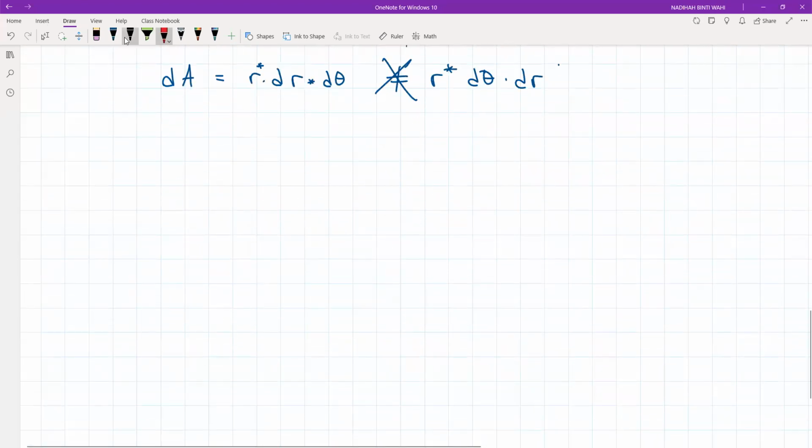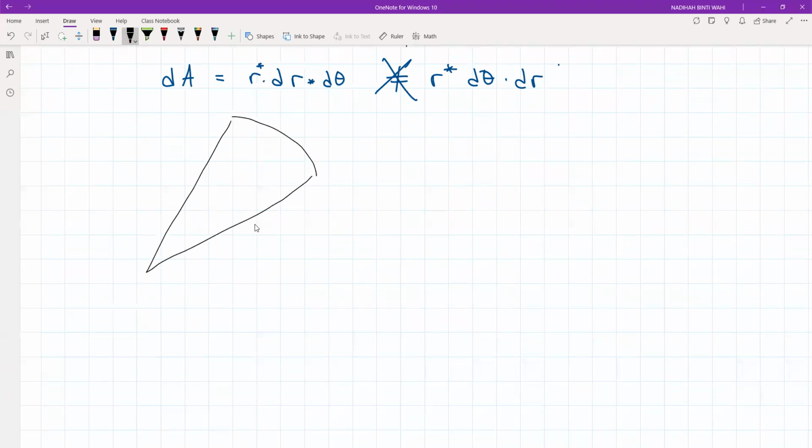So let's redraw this one. Kalau ada cake, you have a piece of cake. So angle dia akan start daripada, let's say this is theta 1 and then you end at theta 2. So you can pick any number, theta dia akan masuk sini dan dia akan keluar ke theta 2.